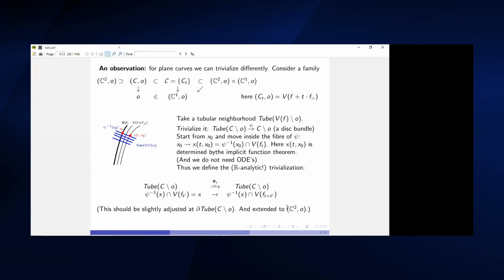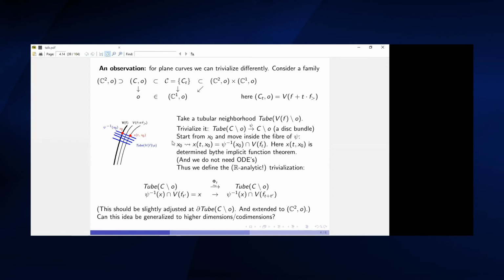And then we get a trivialization. So we have constructed the trivialization of our family, and we did not use any ODEs here. So the question is, can this idea be generalized to higher dimensions and codimensions?